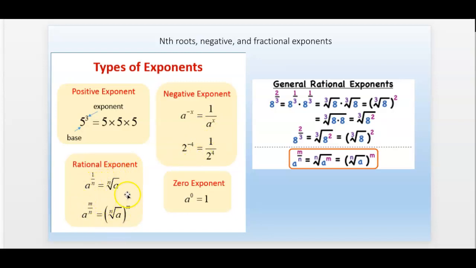In case you have a rational exponent, and rational just means a fraction of integers, 1 over n is the nth root of a. And a raised to the m over n just means the nth root of a, and then raise that to the power of m.